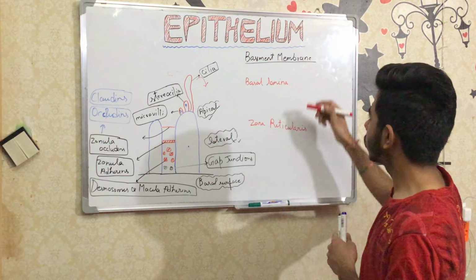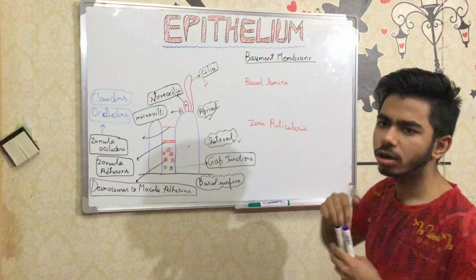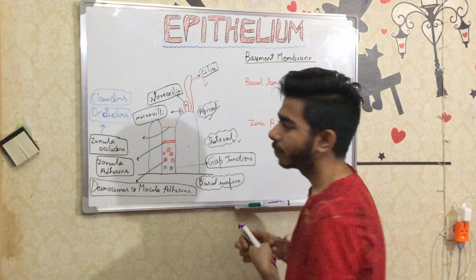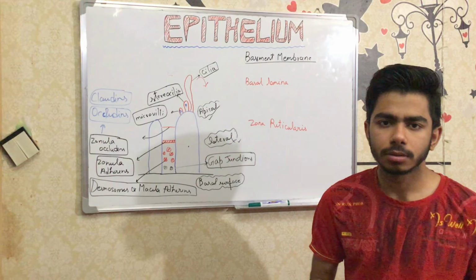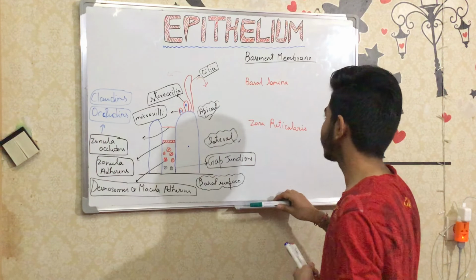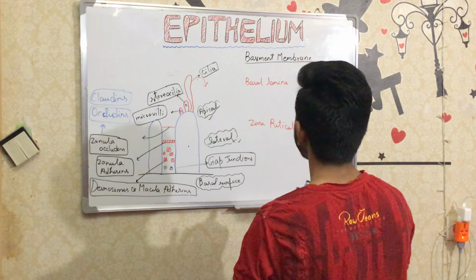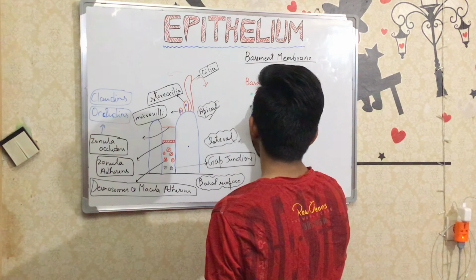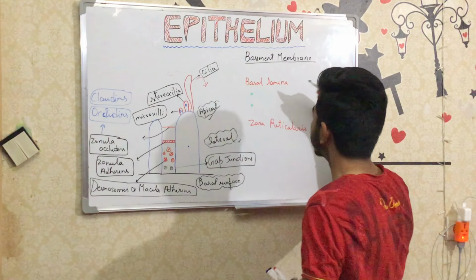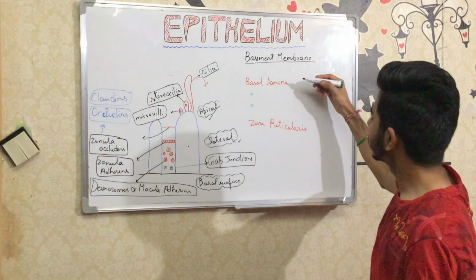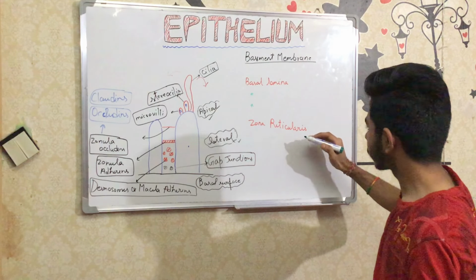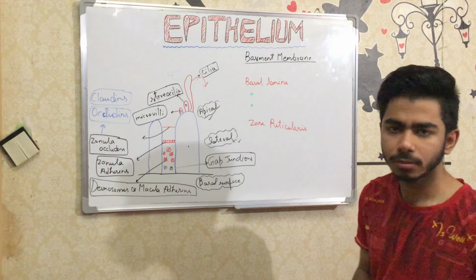Now first let's talk about the basal lamina, and then we'll talk about the zona reticularis. In the basement membrane we have the basal lamina and we have the zona reticularis.